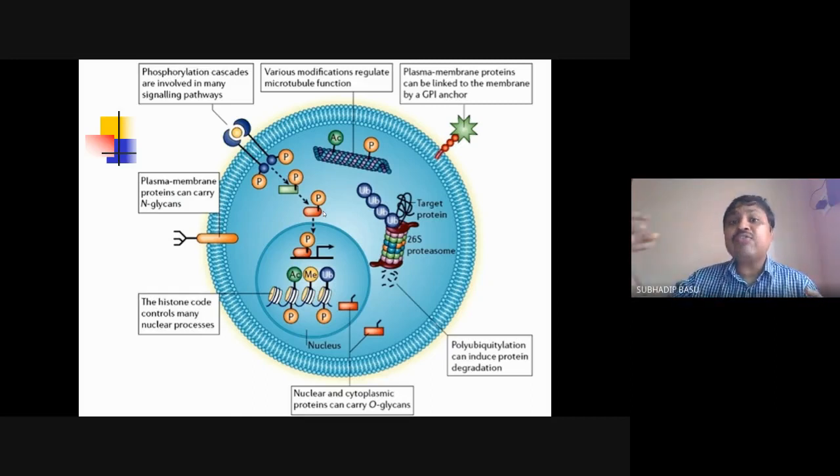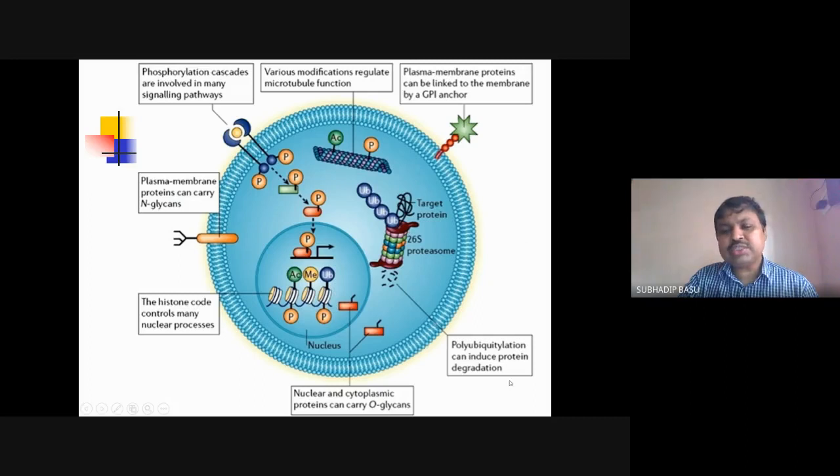When you add a phosphate, or maybe a ubiquitin or a methyl group, then it behaves in a specific way. Only when a specific type of post-translational modification is applied does the protein behave in a specific way. That is the purpose of this discussion.